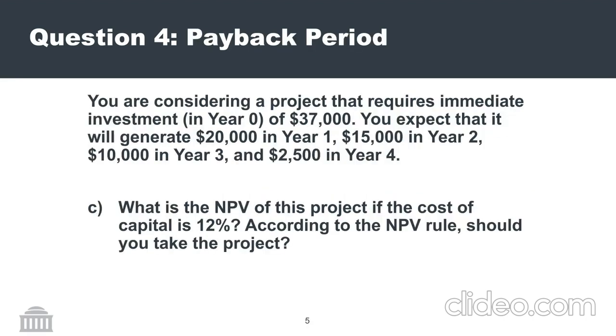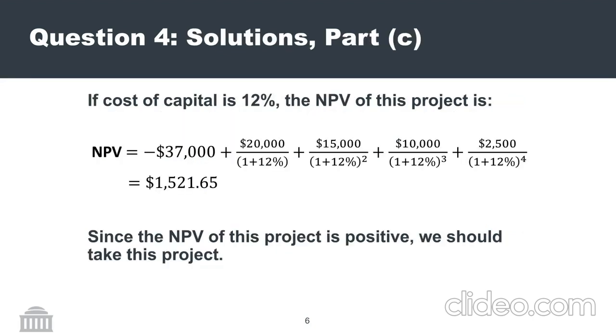Third question. What is the net present value of this project if the cost of capital is 12%? According to the net present value rule, should you take this project? If the cost of capital is 12%, the NPV of this project is as follows.